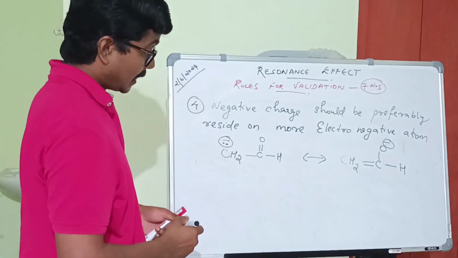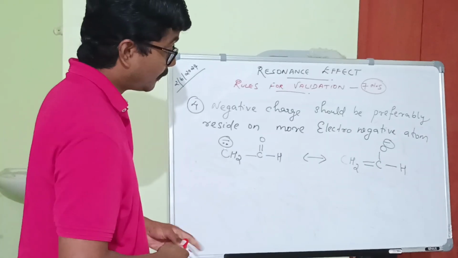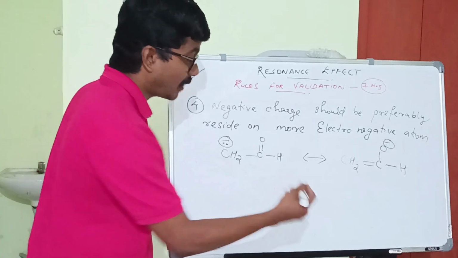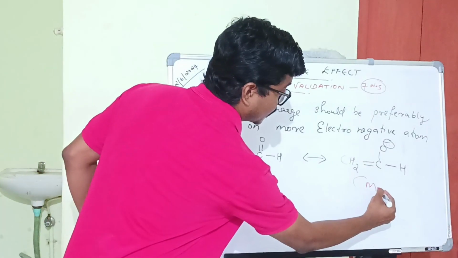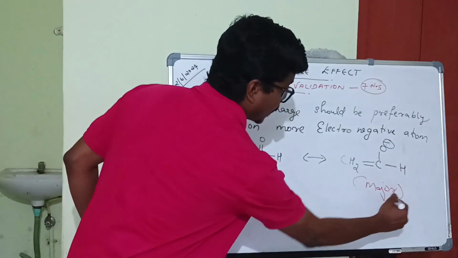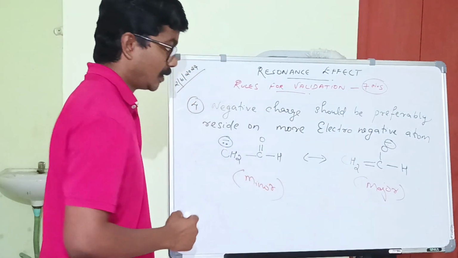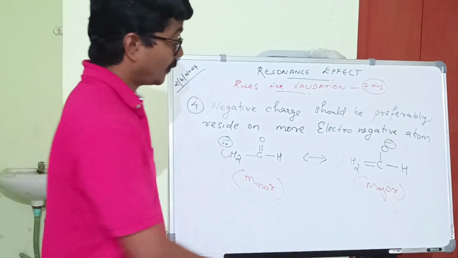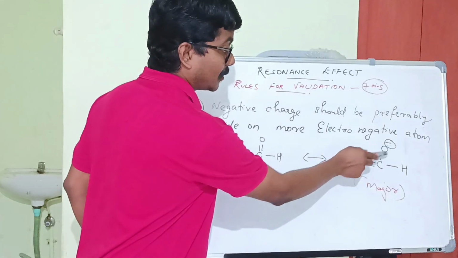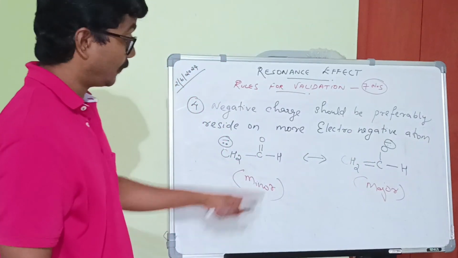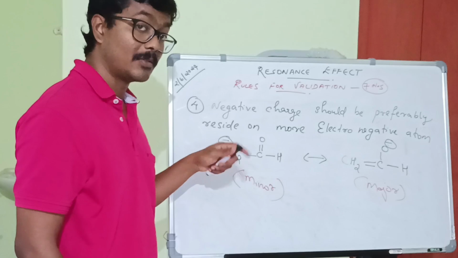So resonance will favor this structure, and this is the minor structure. So resonance will always favor the negative charge on the electronegative oxygen atom rather than the less electronegative carbon atom.